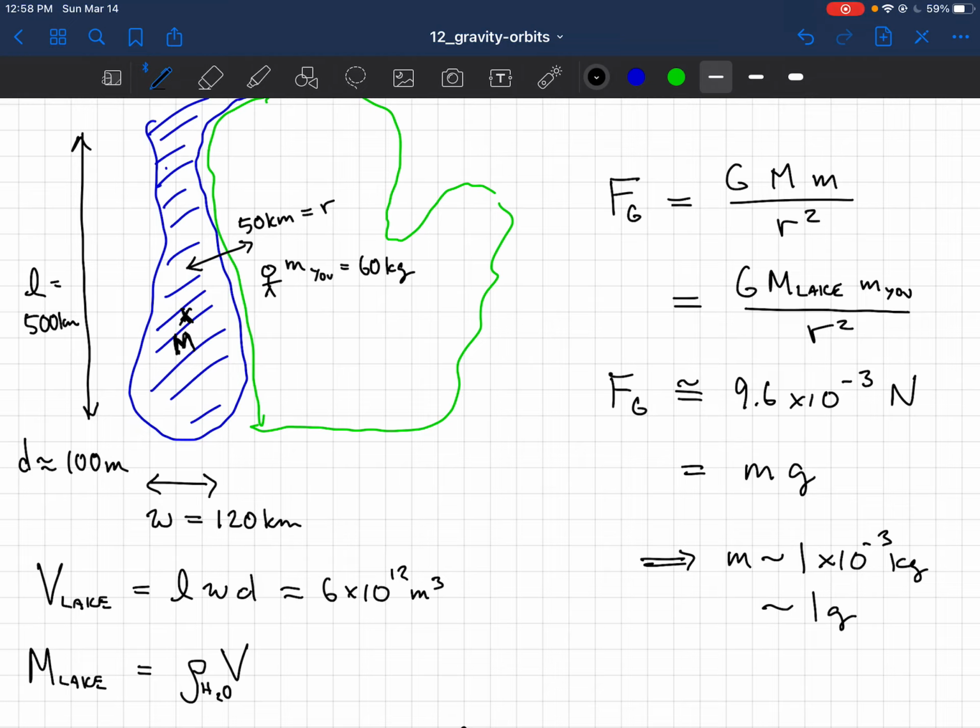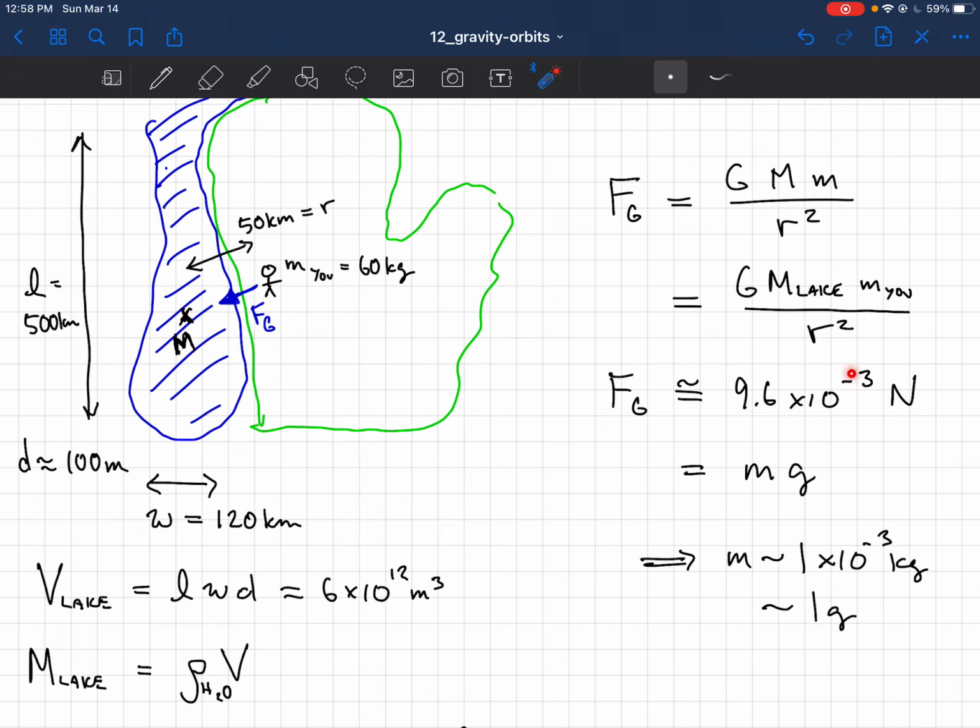So what does that mean? Well, we take as a given that the lake is pulling on us. So there is a force of the lake on us, which we call F big G. It's the force of the lake pulling us towards it, and we want to see what that feels like. Well, it's about 10 to the minus 2 newtons.